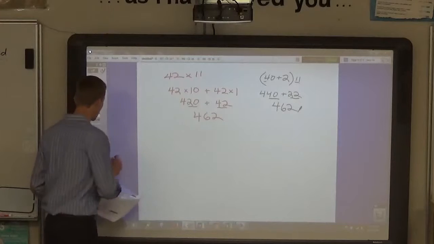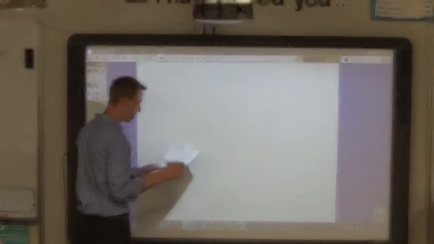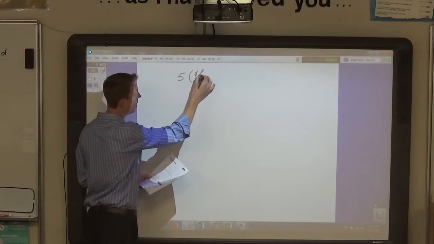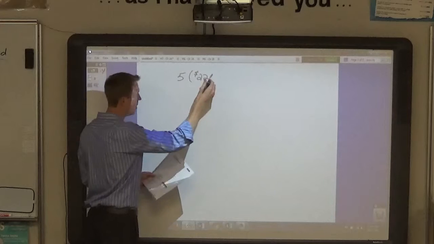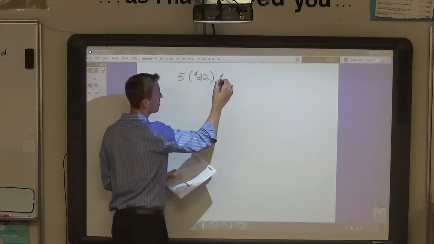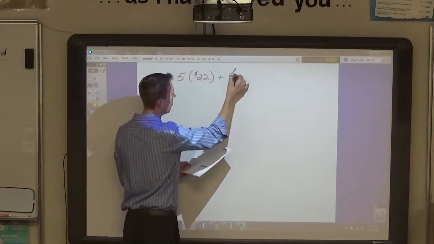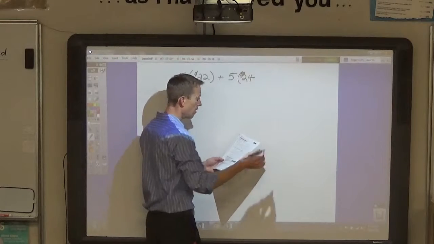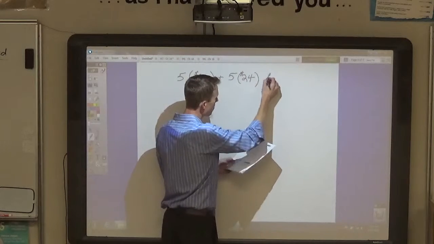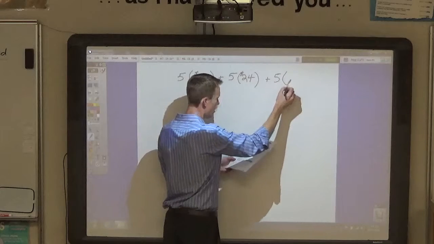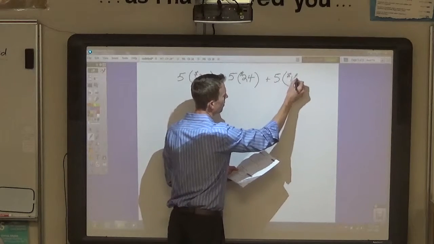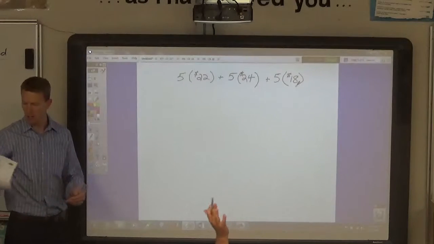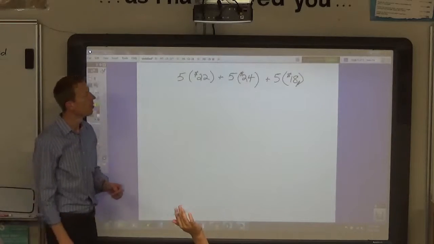So, the items are listed there on that chart. 5 of the $22 helmets plus 5 of the $24 baseball bats plus 5 of the $18 baseballs. $18 a dozen. Now, we could write it this way.